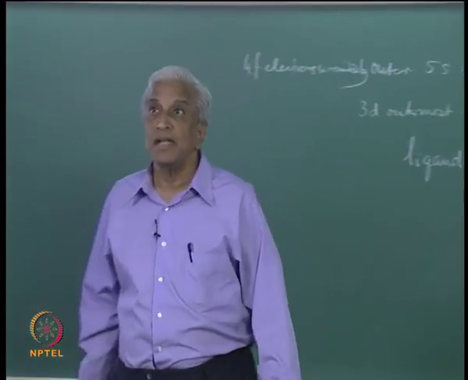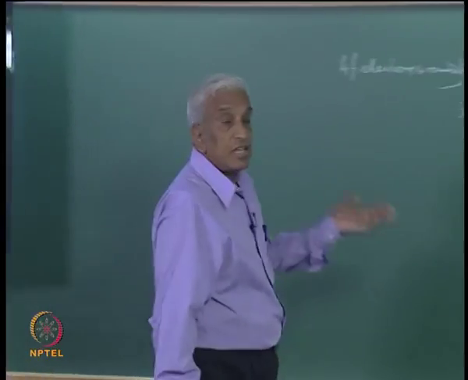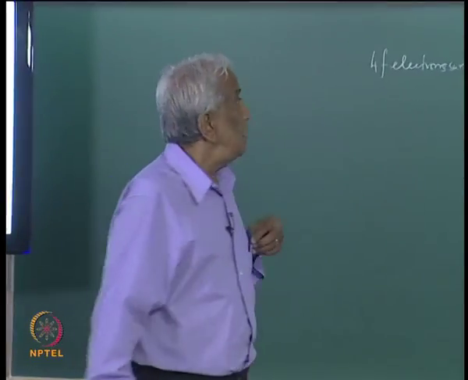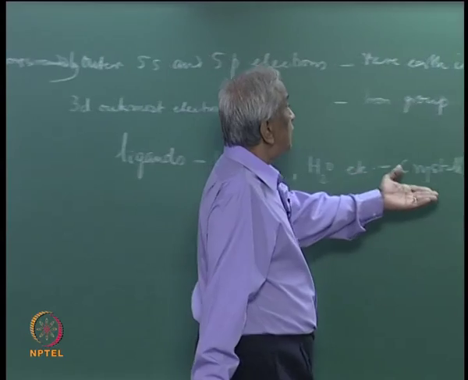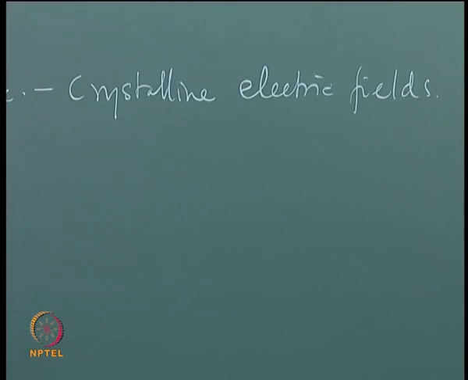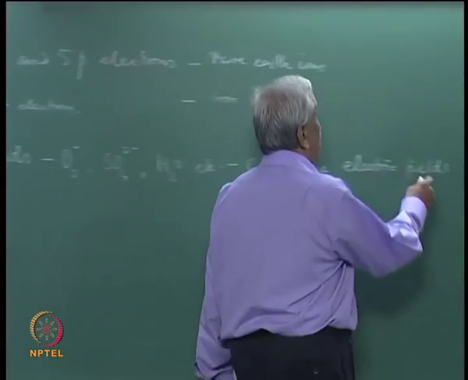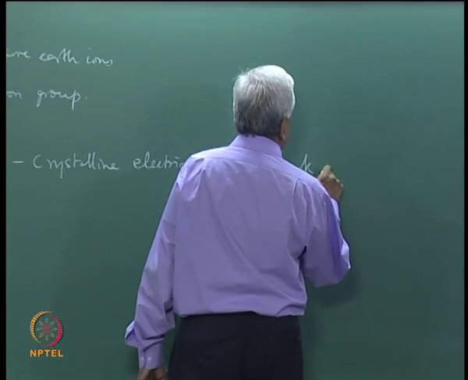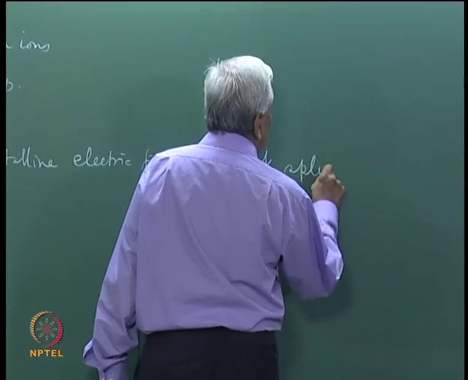So, the behavior that we saw regarding the ground state of the paramagnetic ion is affected to a large extent by the presence of these crystalline electric fields, and this results in a Stark splitting of the ground state.